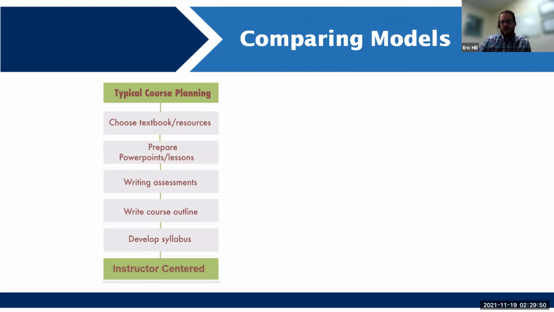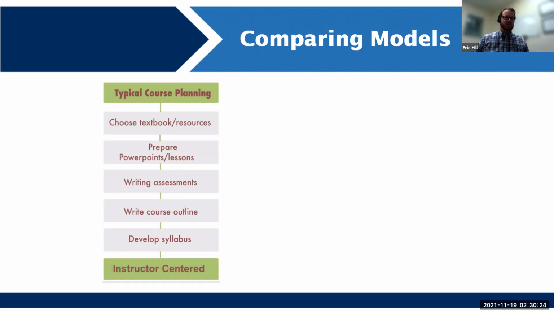Then we write a course outline, usually thought of as some sort of schedule, looking at module 1, then module 2, etc., and then development of a syllabus, which a lot of times the course objectives either are misaligned compared to everything that we presented, where, for example, requiring students in our course objectives to discuss certain concepts, but yet we wrote assessments that really required them to identify, which is usually a multiple choice type of question. So things don't necessarily get aligned, and everything is very instructor-centered.